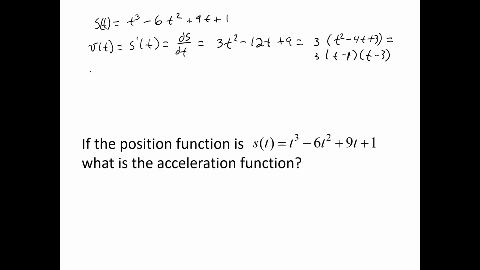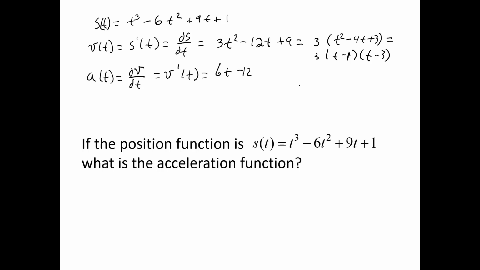Okay. The acceleration is just the change in velocity over the change in time, which means that it is just the derivative of the velocity, and that would just be 6t minus 12.